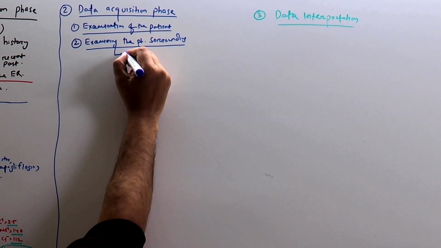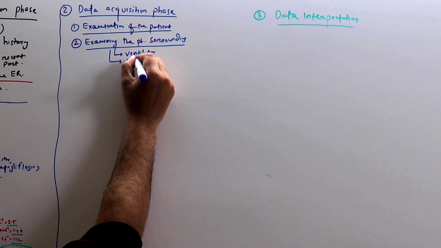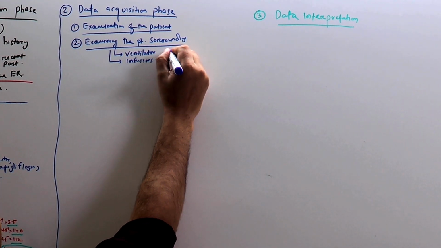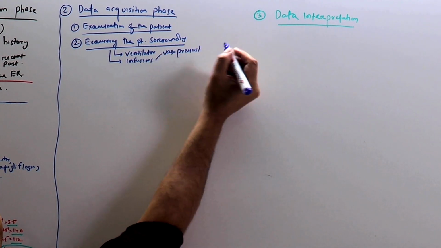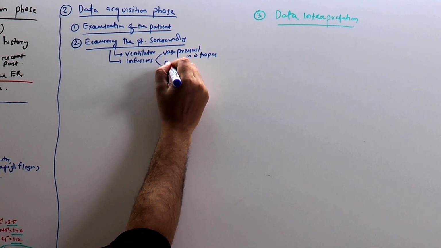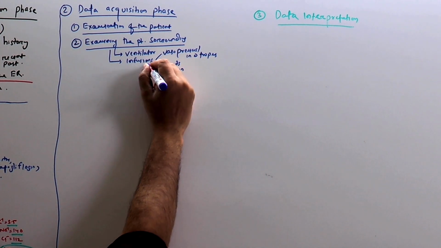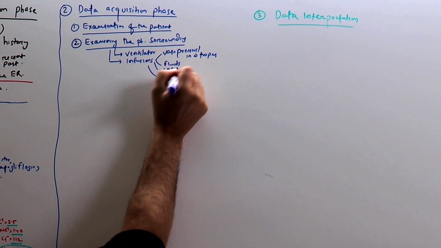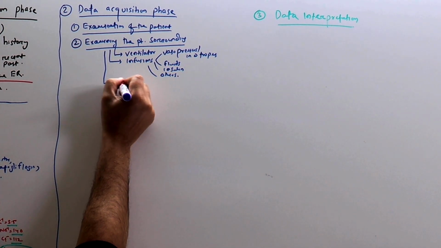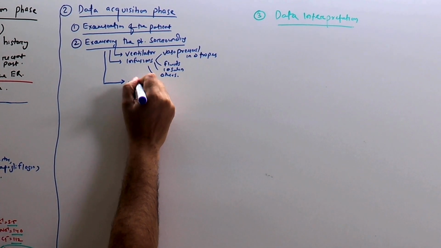Number one, ventilator. Number two, infusions, specifically any vasopressors or inotropes or other things like fluids, insulin or others. Number three, in the patient surrounding, you will check the urine output.